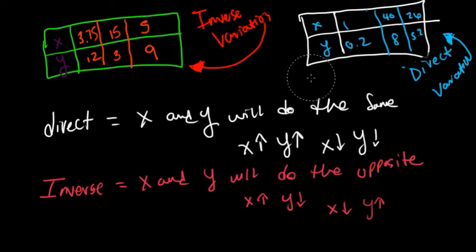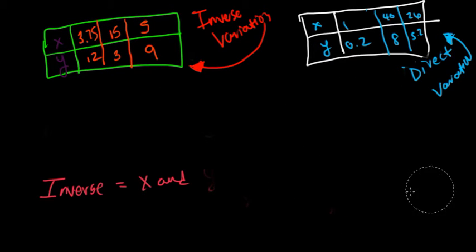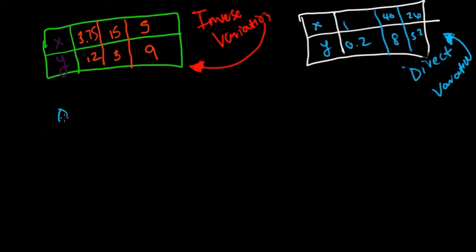Let's go ahead and we'll just start down here. Let's erase this here. Let's say that we're given the direct variation formula, which is y is equal to k times x, right?